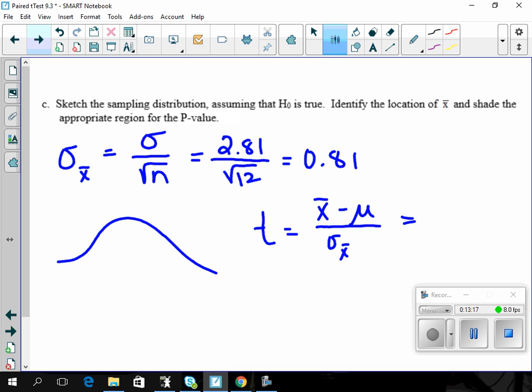Let's put the numbers in. What was our X bar? 47.1. What's the claim? Oh, 47.9, sorry, 47.9. And the claim was 50, right? And then we just found our standard deviation. So go ahead and take a second and calculate that for me.